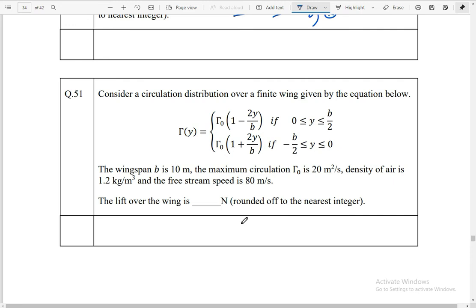Consider a circulation distribution over a finite wing given by the equation below. Gamma naught (1 minus 2y by b), for 0 to b by 2 and minus b by 2 to 0. If we have the wing, okay, so here is given 0 to b by 2, and again minus b by 2.